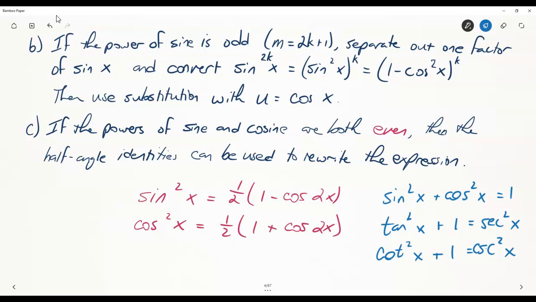This is the one that's different from the other two. So that's why you'll see that the strategy for handling this case was looking for odd powers, whereas over here, it's going to change a little bit. In one case, you're going to be looking for odd, in one case, you're going to be looking for even. But the product of tangent and secant and the product of cotangent and cosecant are the same strategy.